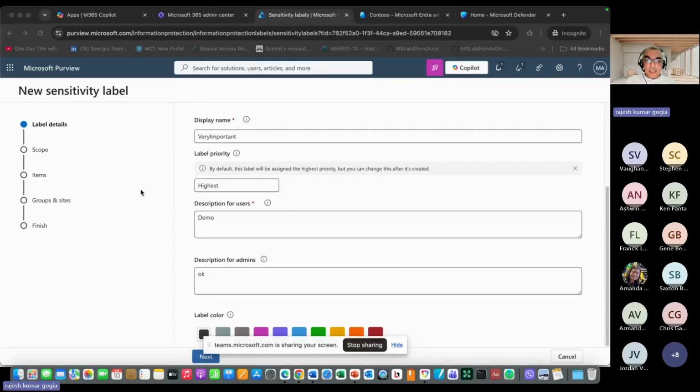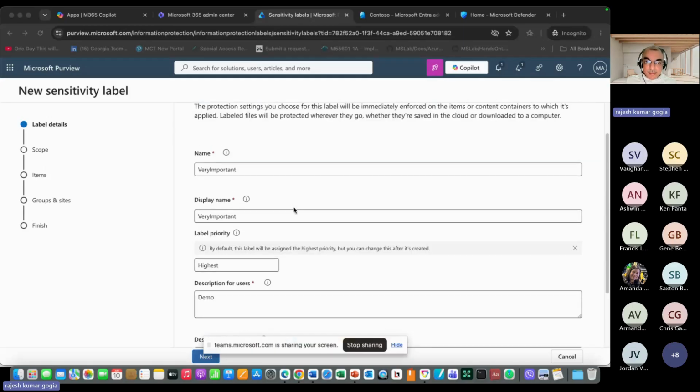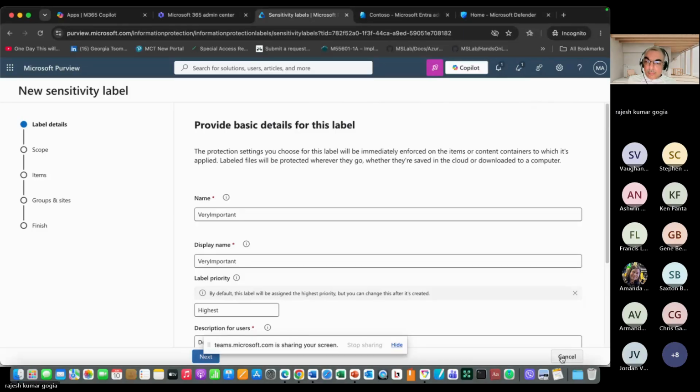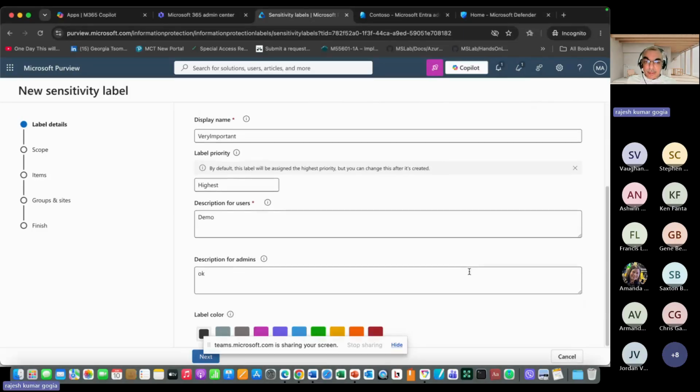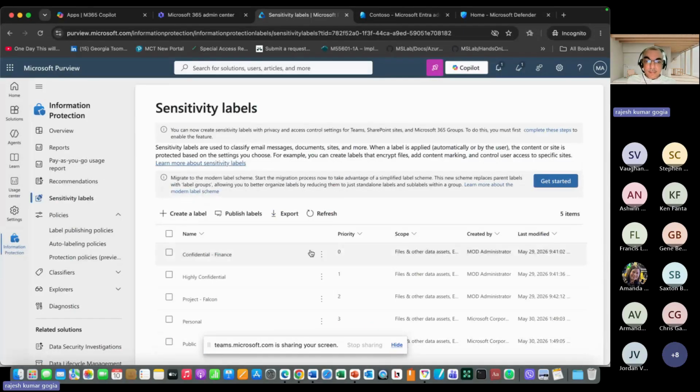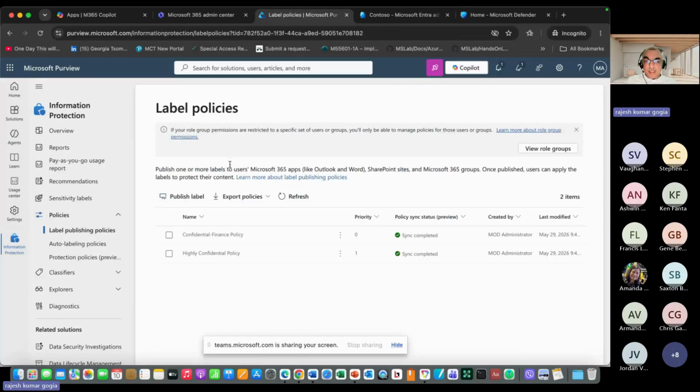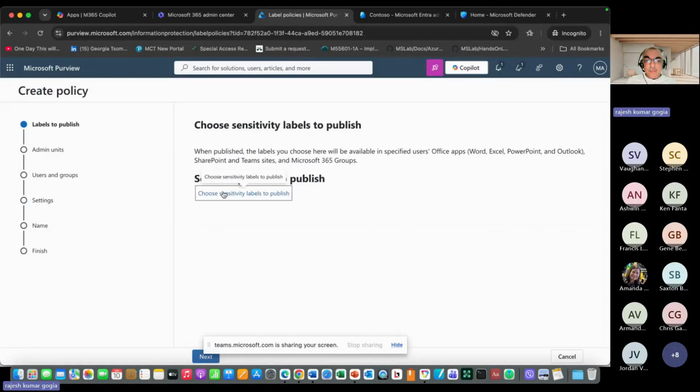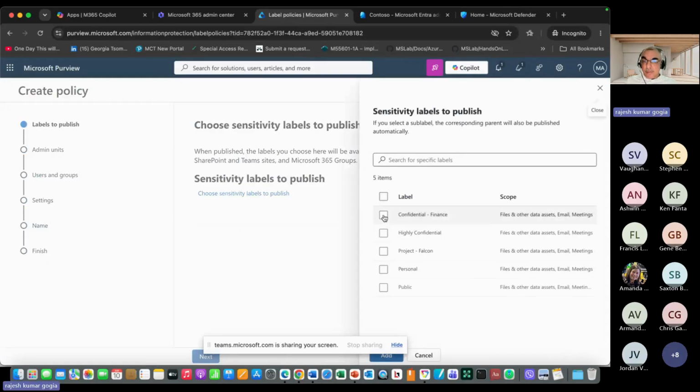And then you can specify your scope, your items, your SharePoint sites, and the other label details as well if you want. So having this, what do you have? You have that label ready, isn't it? And once the label is ready, you can publish it. Let's say, for example, okay, I've got a label, I can publish. Which label? Let's say confidential.